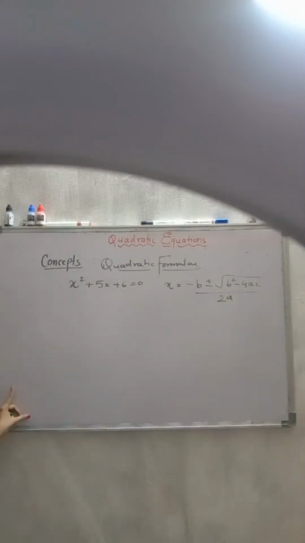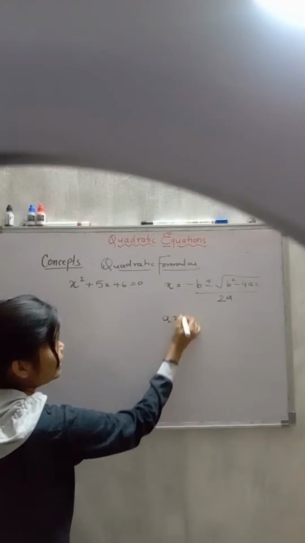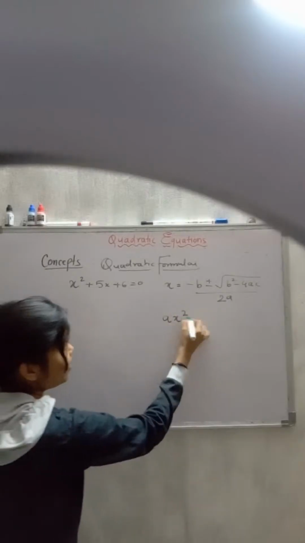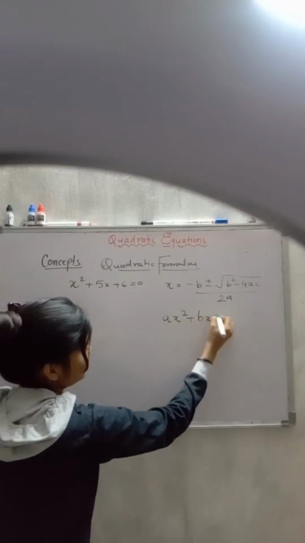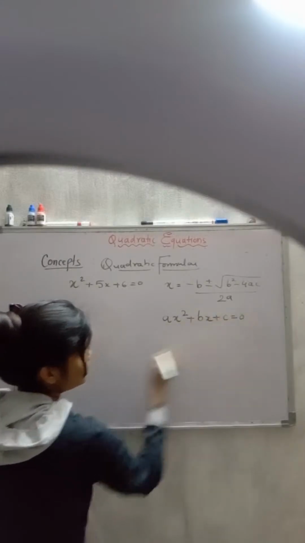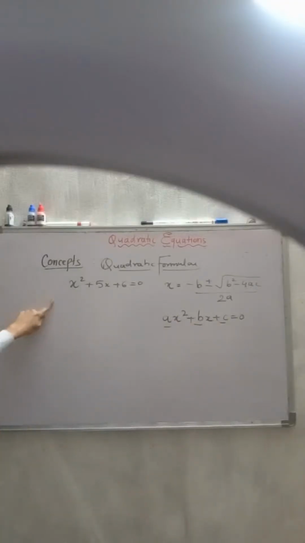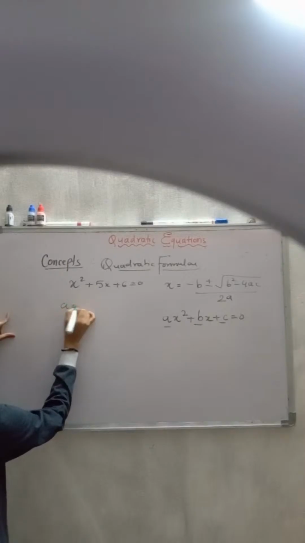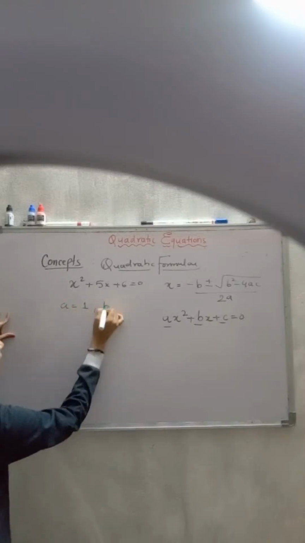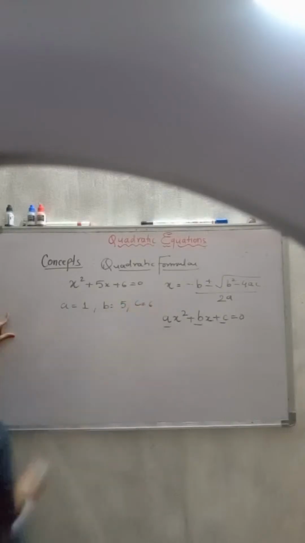Now what is this a, b, c? These are from the standard general form of quadratic equation, ax square plus bx plus c equal to 0. These are the a, b, c. Now on comparing, we get a equal to 1, b equal to 5, c equal to 6.